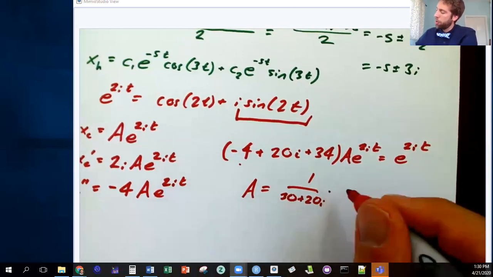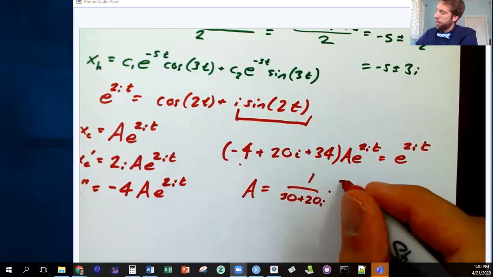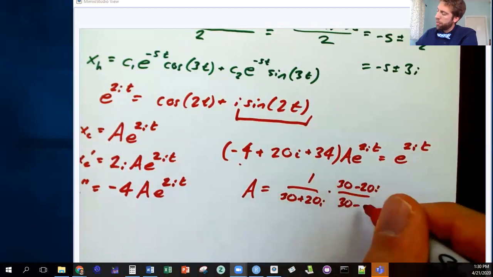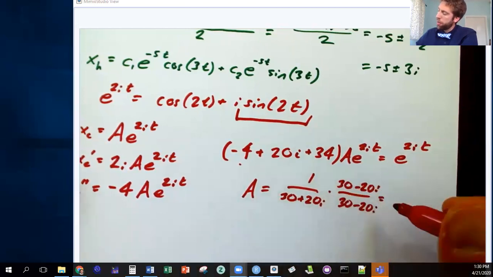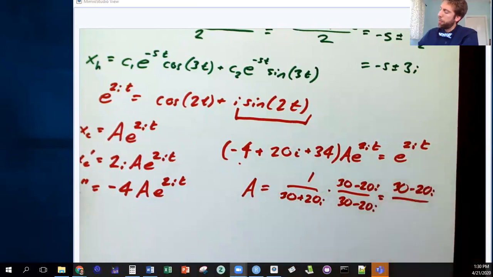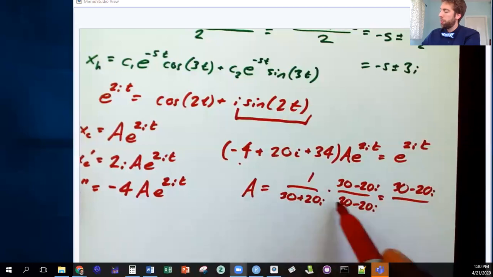Multiply top and bottom by 30 minus 20i, so you get 30 minus 20i divided by this term squared minus this term squared, but this term squared becomes negative, so minus negative is positive.